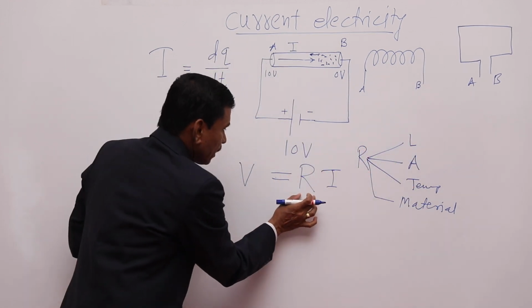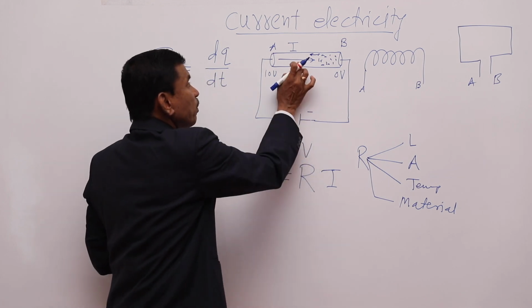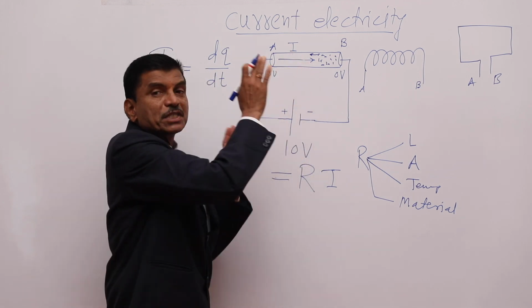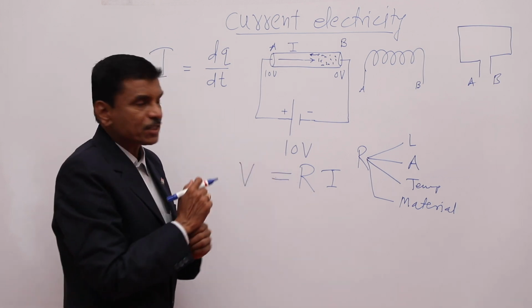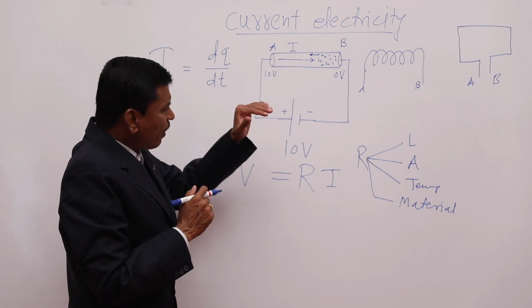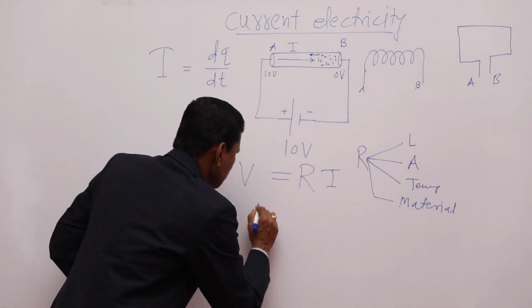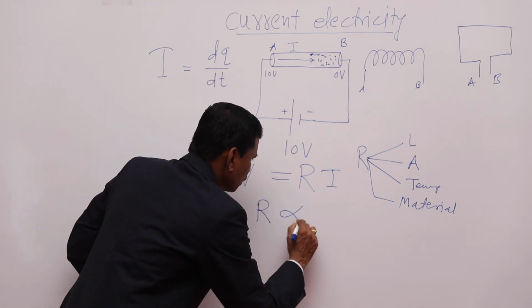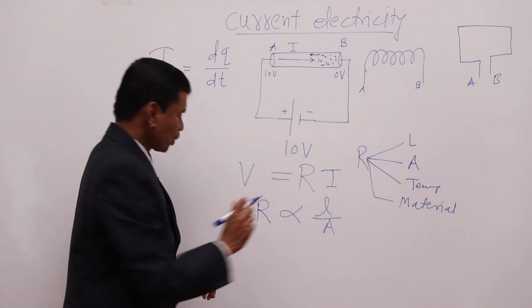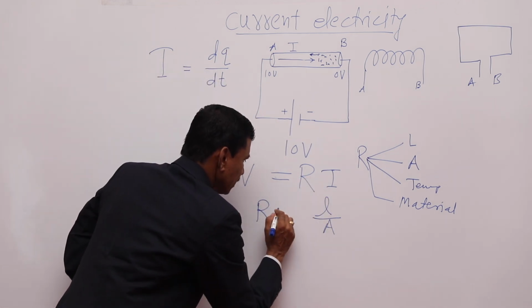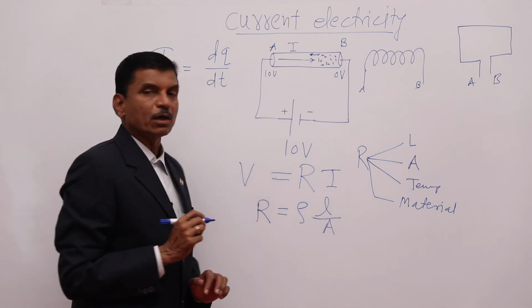Actually, this resistance is constant for this conductor if its physical state remains the same, and that is our Ohm's law. We have studied this. We have also studied that resistance is directly proportional to length and inversely proportional to area of cross section. So if we write an equality sign here, there will be a certain constant rho.